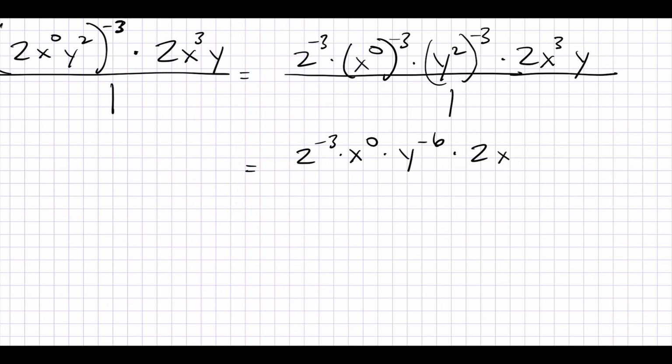And then I get 2 x to the third y. Okay, so no more parentheses. I've distributed the negative 3. I've multiplied. Now I'm done with parentheses.